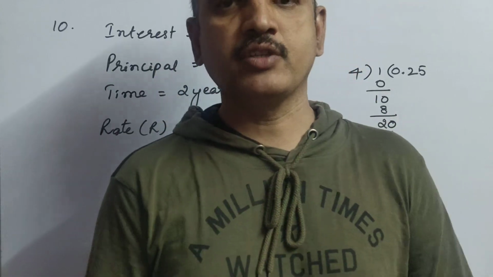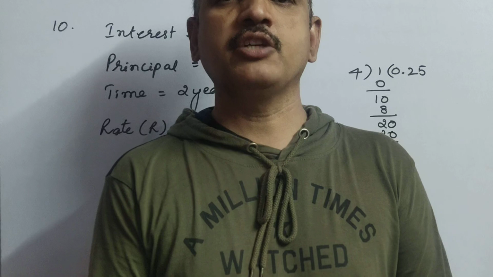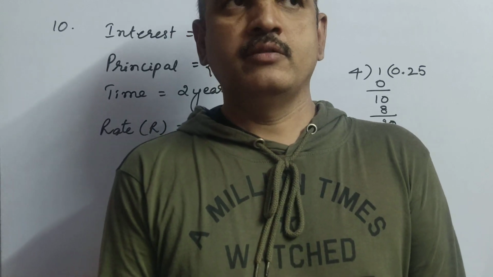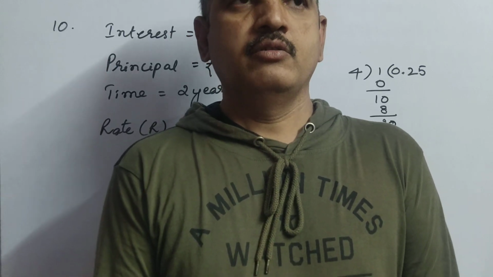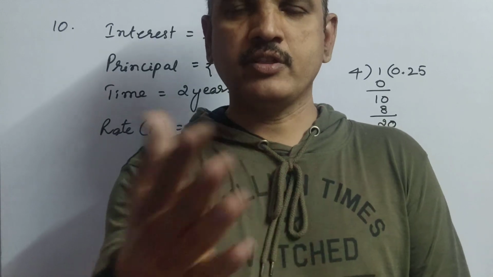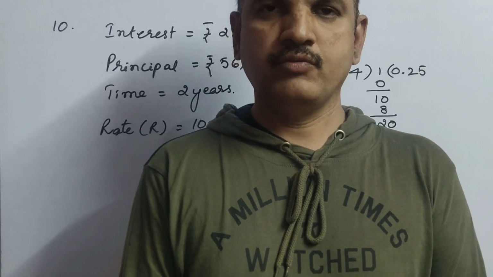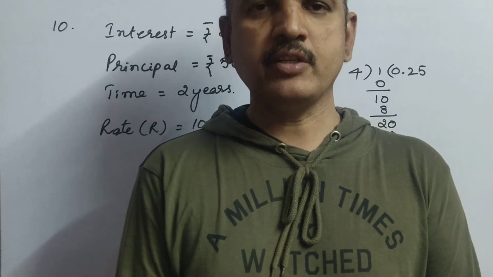Only those sums will come for the examination. Don't worry that we left out sums, we are going to teach each and everything. After the examination, like a bridge course, we will explain each and every sum left out.